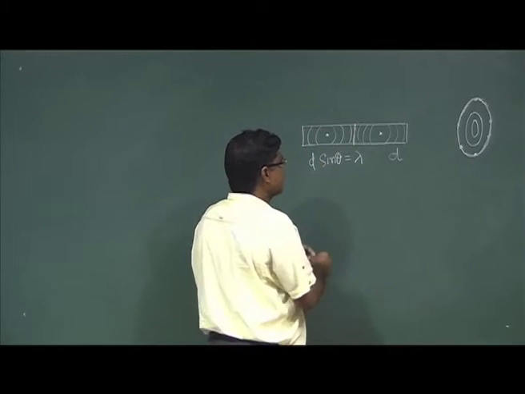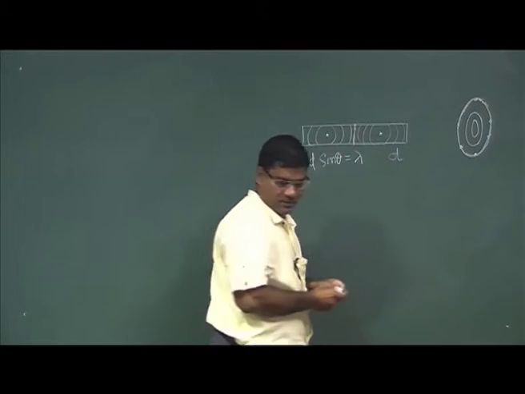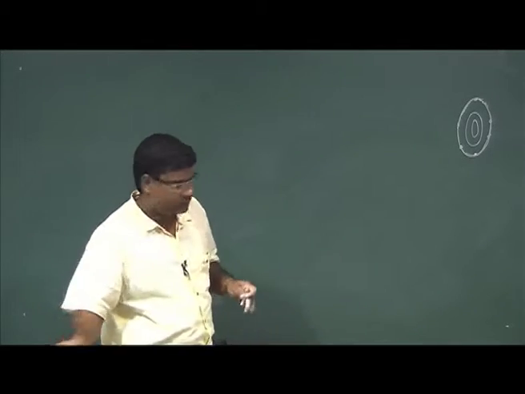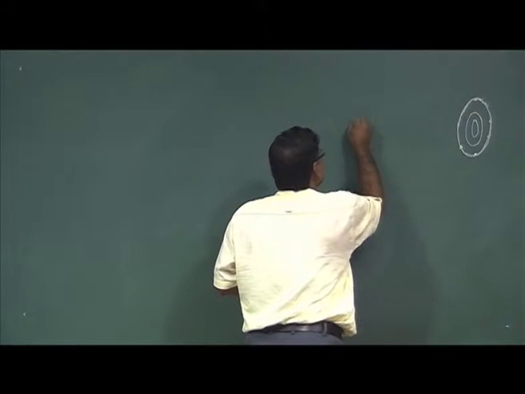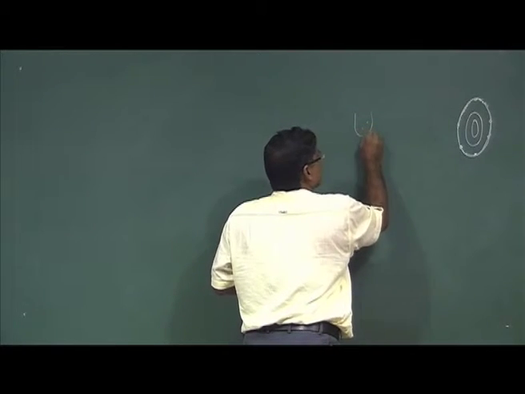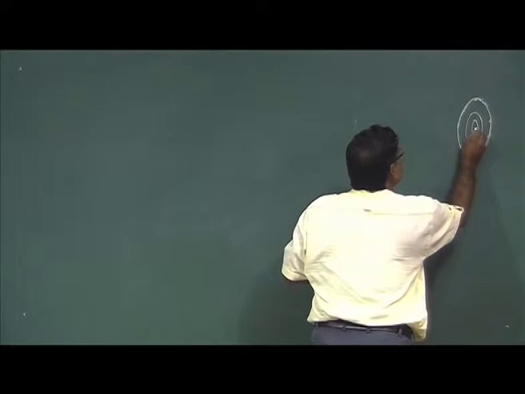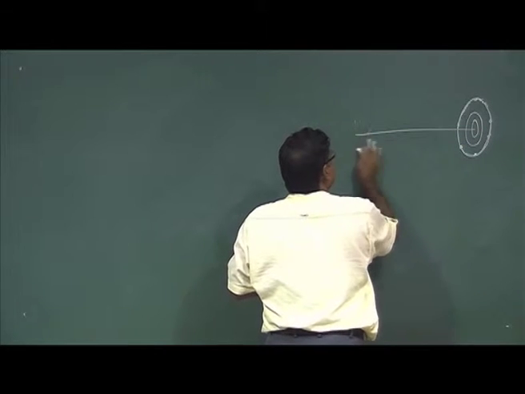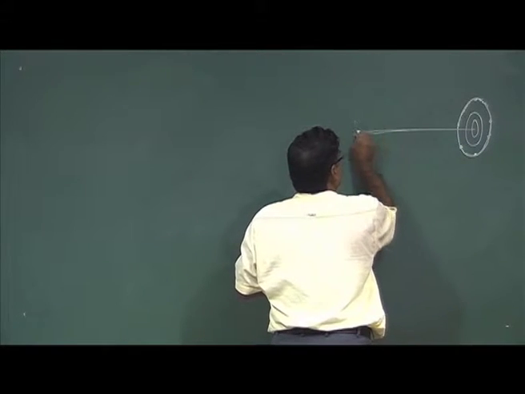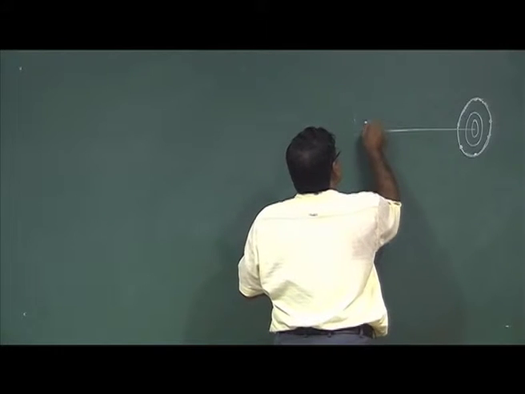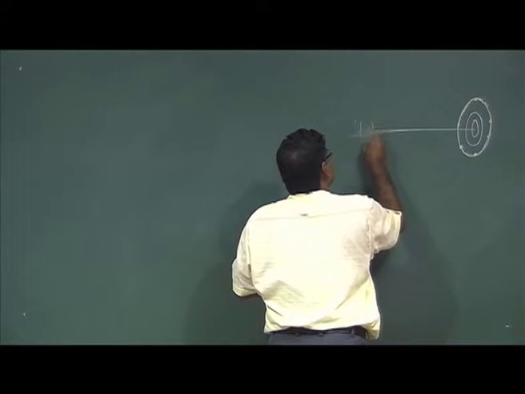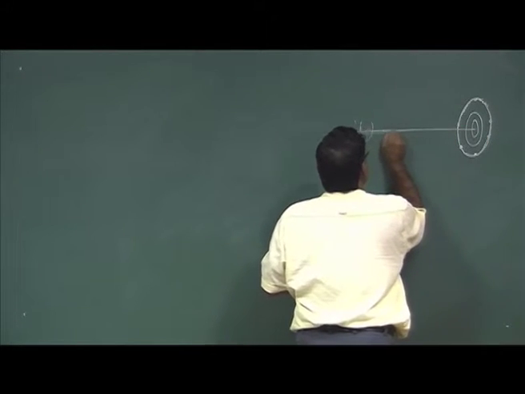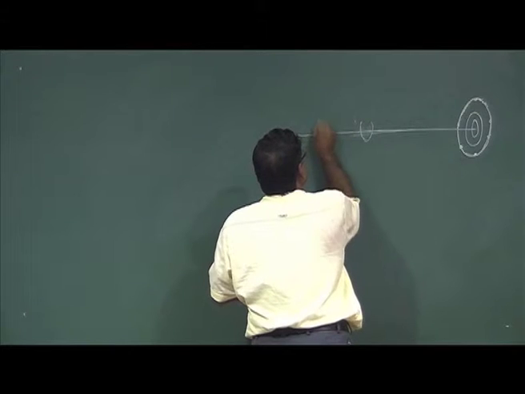Now, if I take a detecting system with respect to the sample, so you have the sample here. Let me draw this. Here say we have the sample, and this is the initial direction of the X-ray.